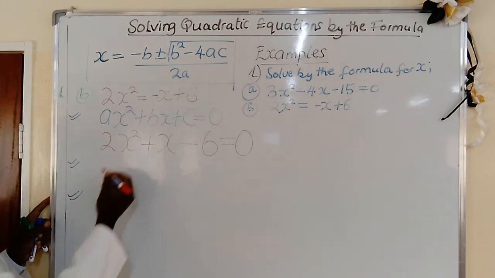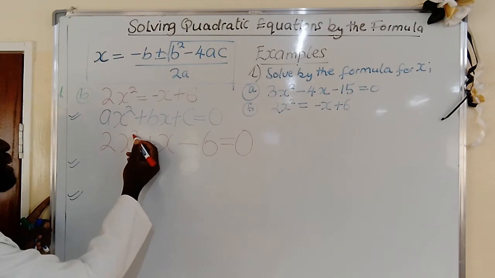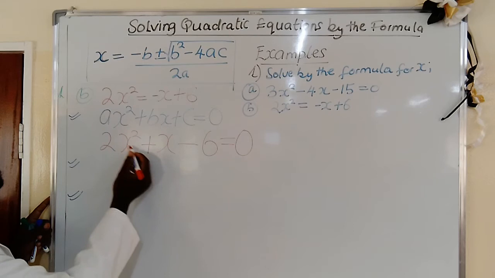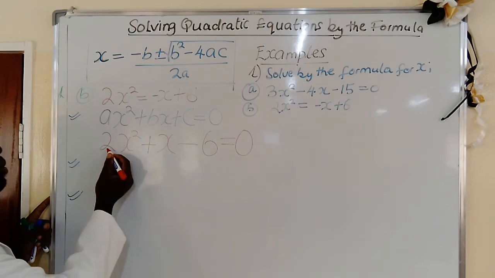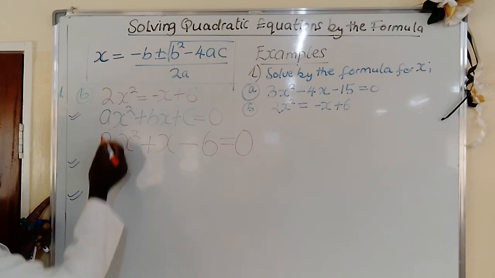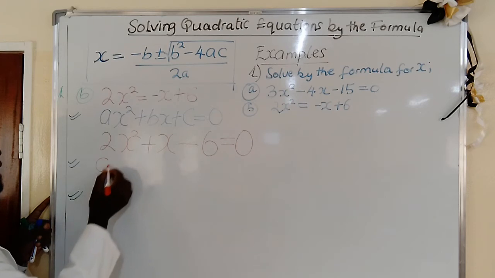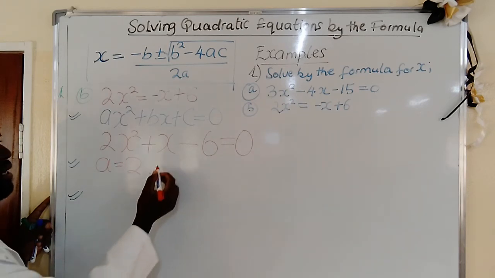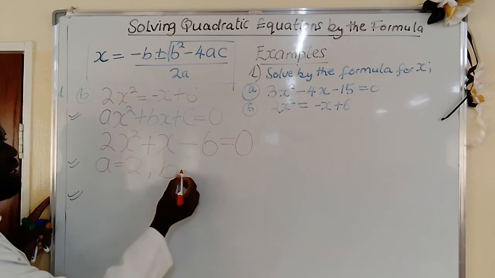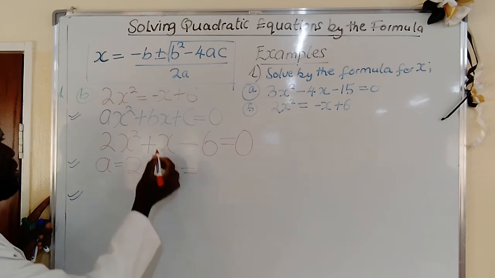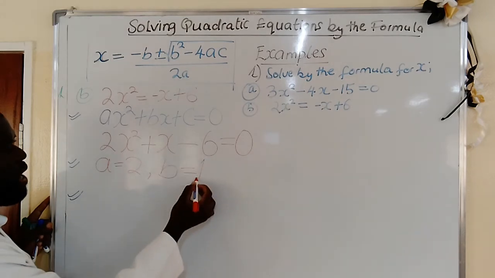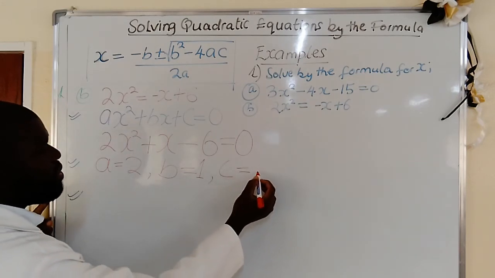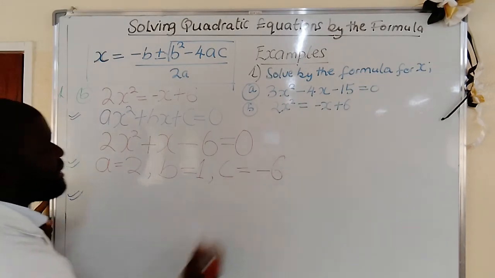So you can see the coefficient of x squared is 2. So 2 is the value of a. We can safely say a is equal to 2. Again, safely we could say b is equal to 1, and c is equal to negative 6.